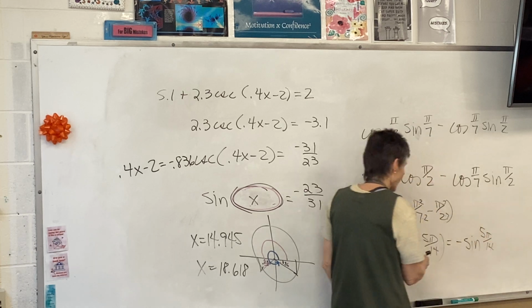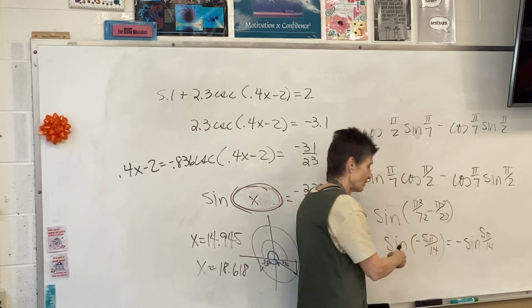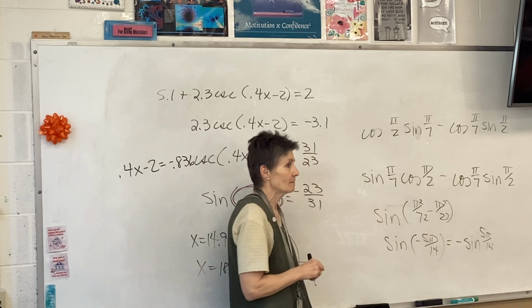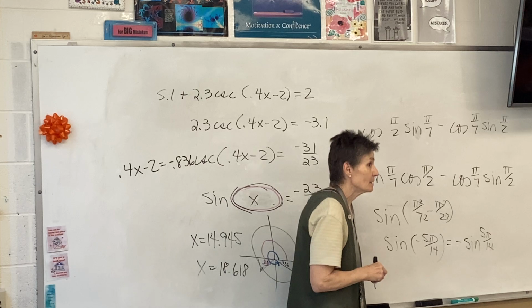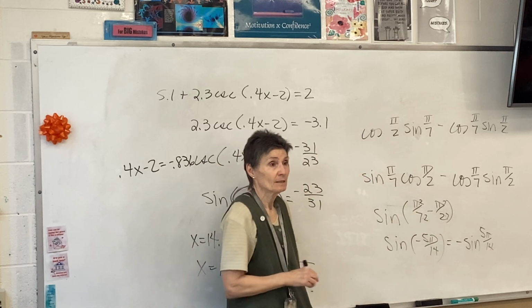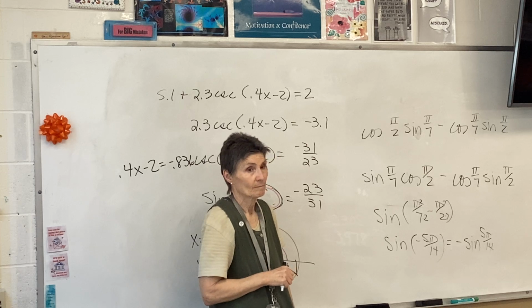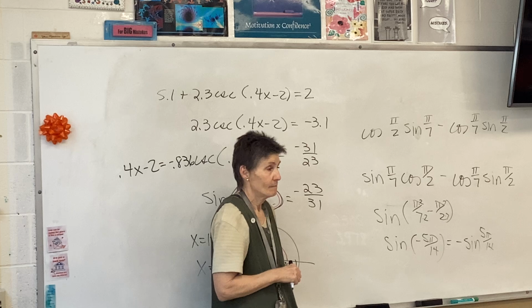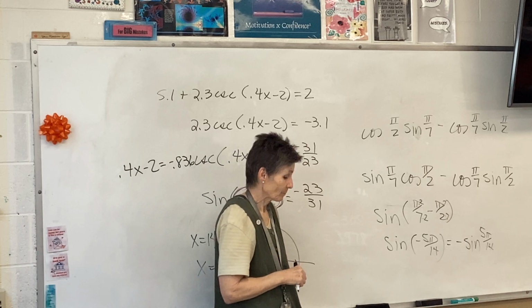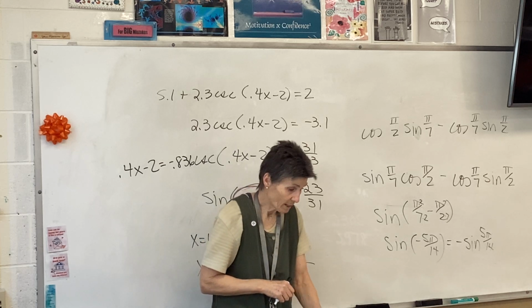How do I know that? How do I get from here to here? What's the reason I can do that? Sine is odd. And what does it mean to be odd? Put in a negative, get out a negative. Okay, who else?